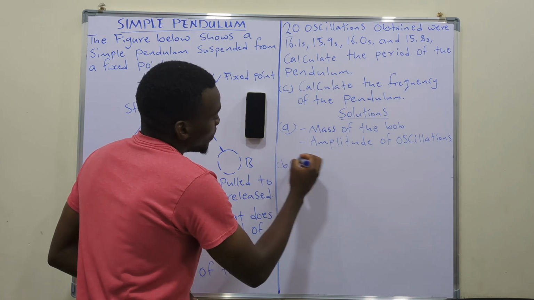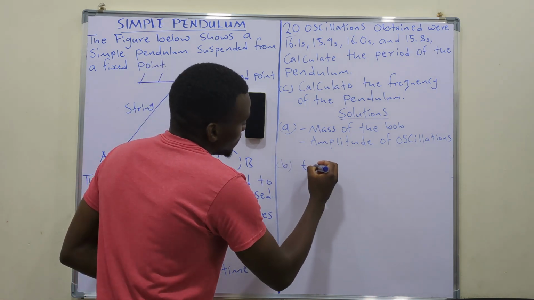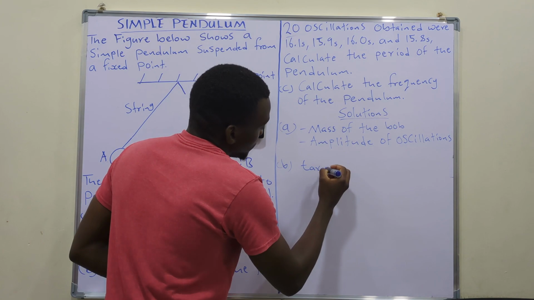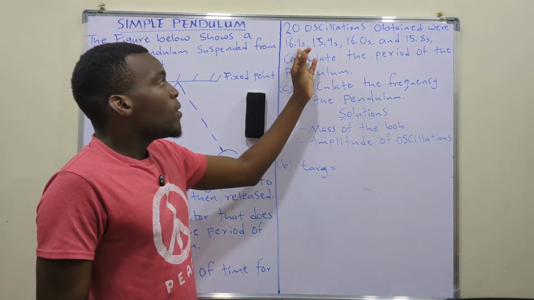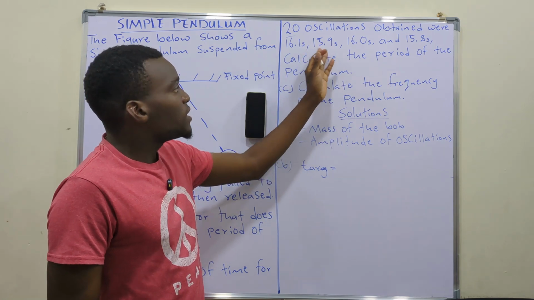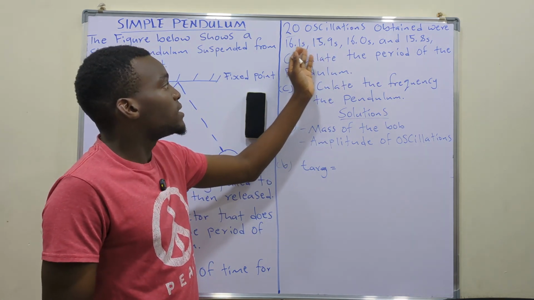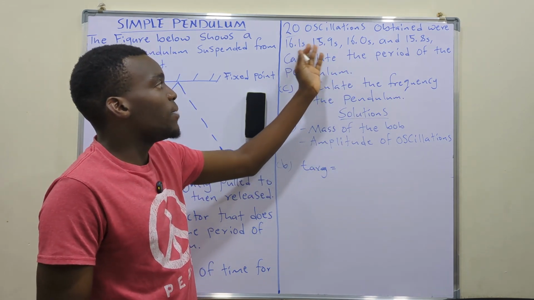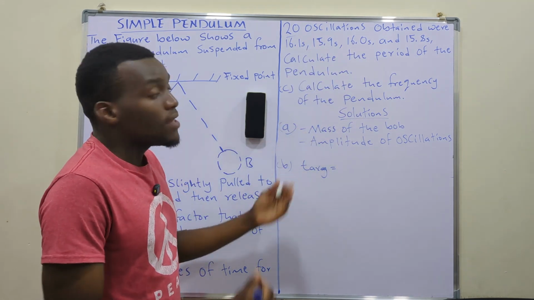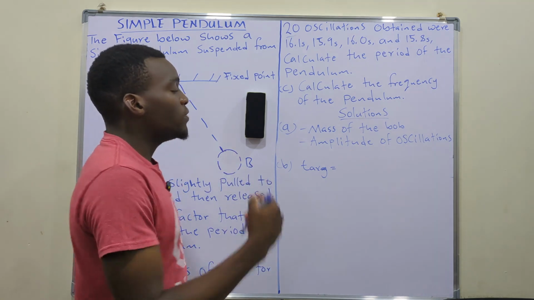So part B, we have average time equal to the sum. So for the average time, in order to find it, we have to find first the sum of the times obtained for 20 oscillations, and then divide by the number of times.